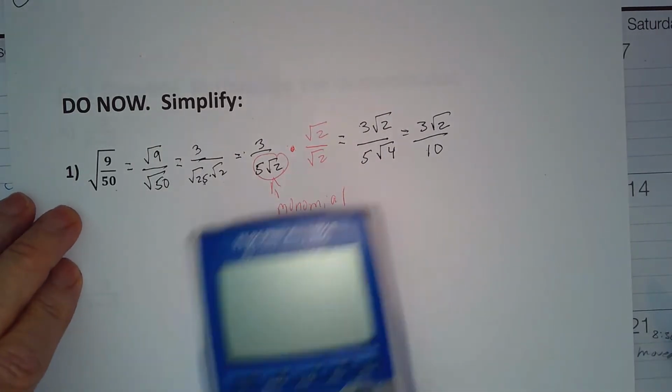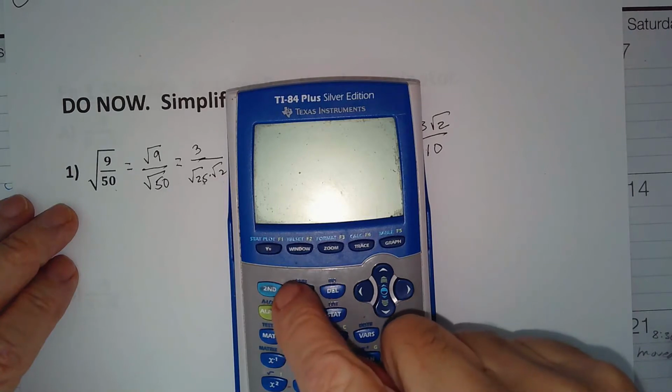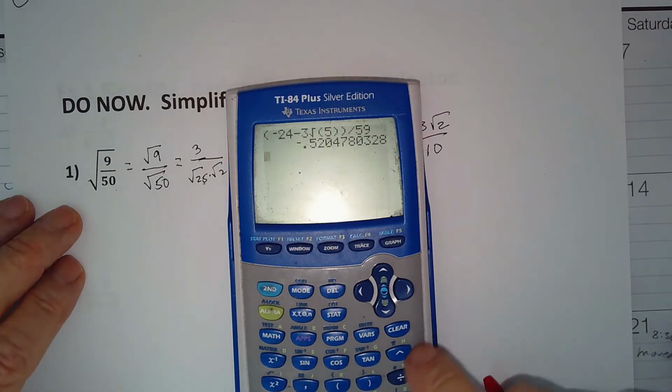If I take my calculator, I'm going to click the second button, square root. First I've got to turn the silly thing on. Okay, let's clear it. Again, I start out by clicking the second button and then the x squared button, which is now the radical button.